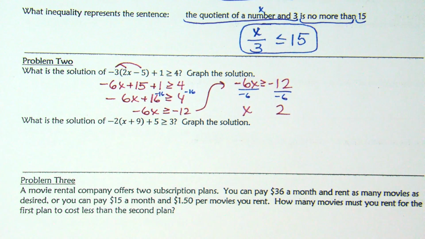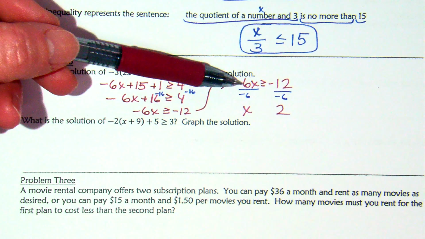Anytime you multiply or divide both sides by a negative, the inequality sign reverses. The key is the fact that I divided both sides by negative 6. Because that number is negative, I'm reversing the sign. So it does become x less than or equal to 2.